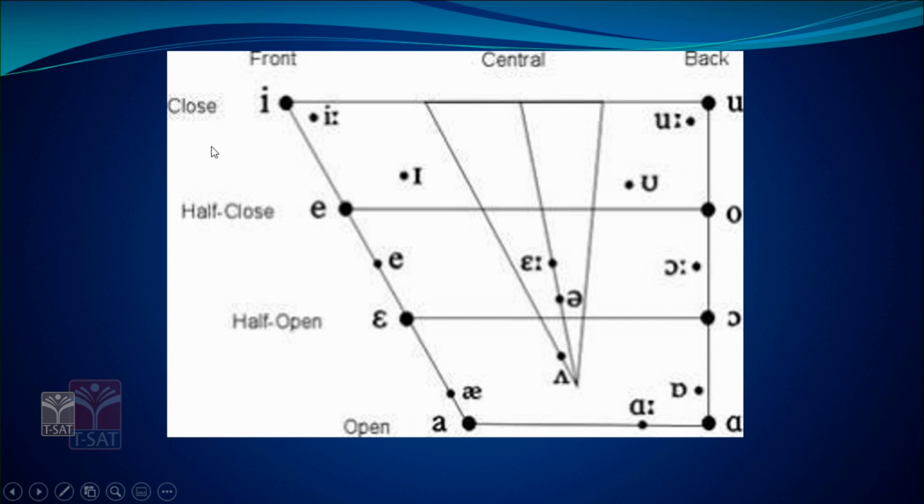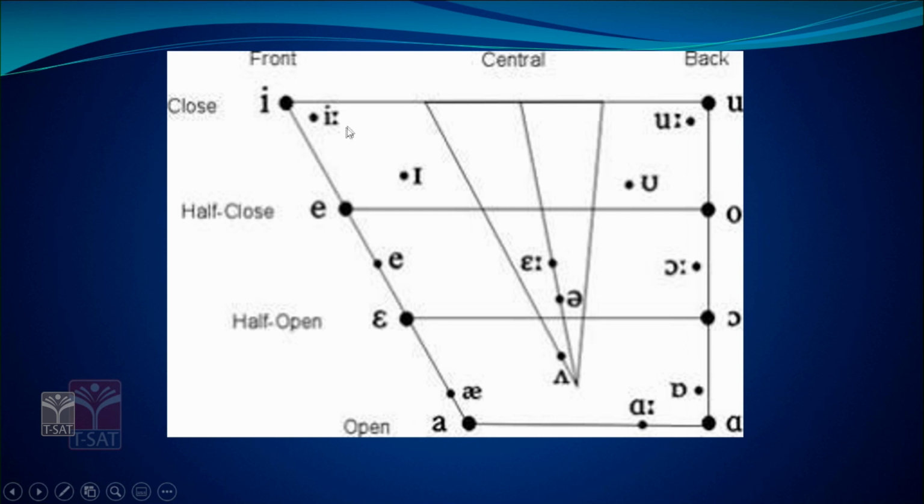And the height of the tongue: the first vowel is close, and the second is also close. But the difference is, if you pronounce words like seat and suit, it is clearly evident that the first is front close and the second is back close.